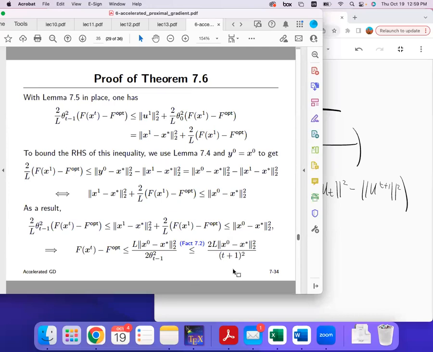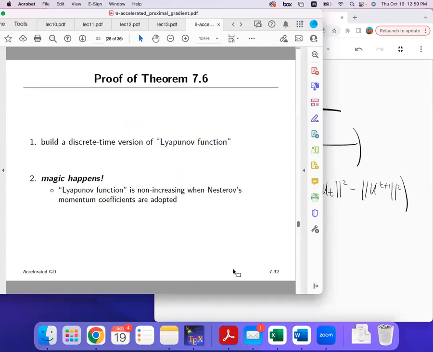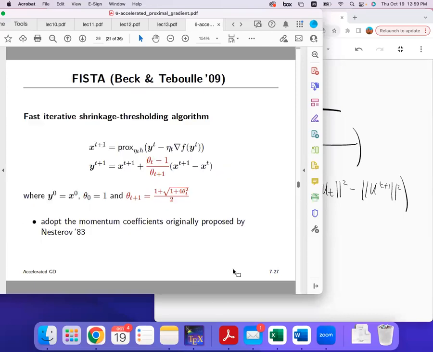Although this algorithm looks very simple, it's just one additional extrapolation step, it is very, very carefully designed so that it can get an accelerated convergence for the entire class of convex and smooth functions.